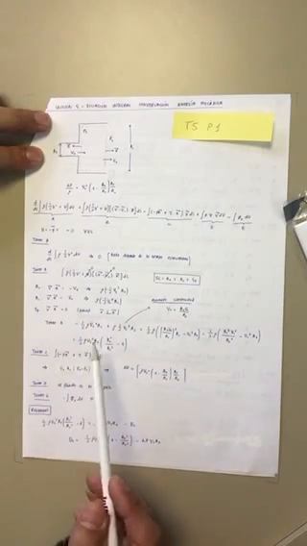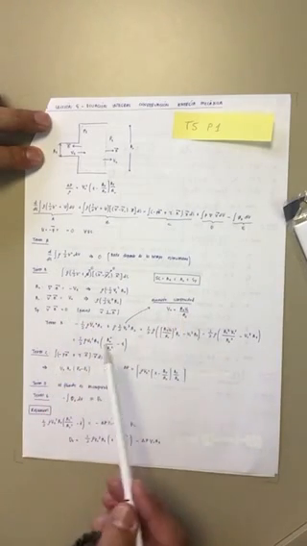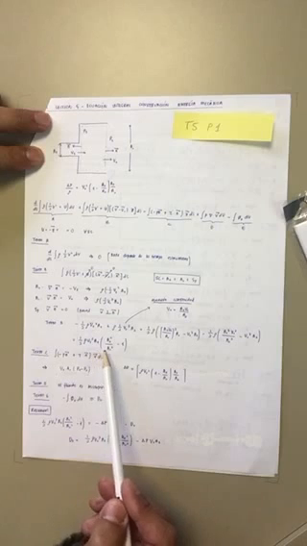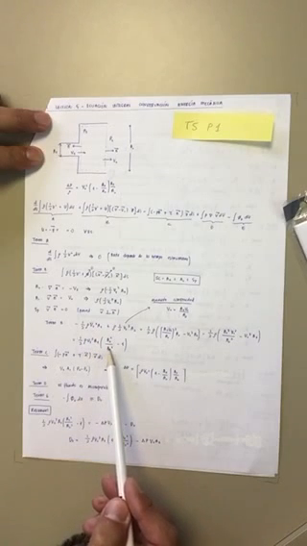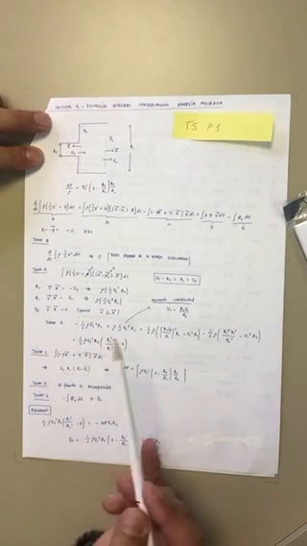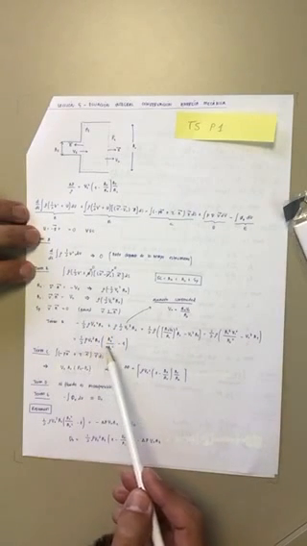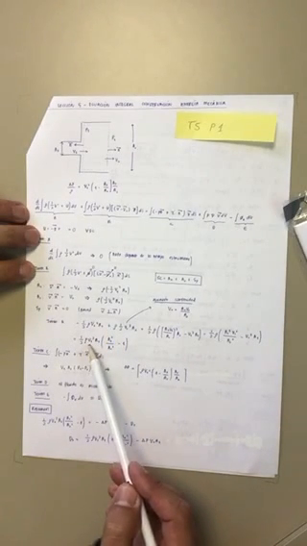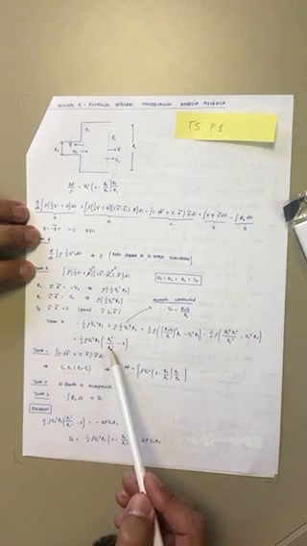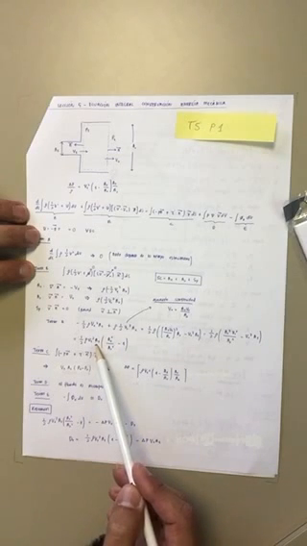You only know V1. So you will do this term, and eventually you get this, which seems to be okay. You take one out. This seems to be okay.